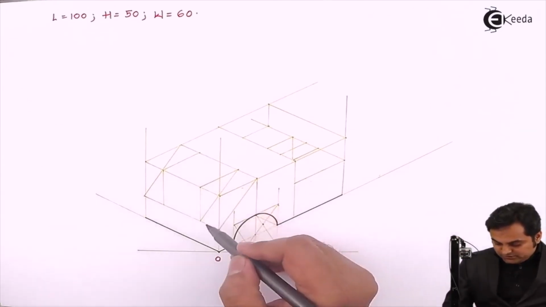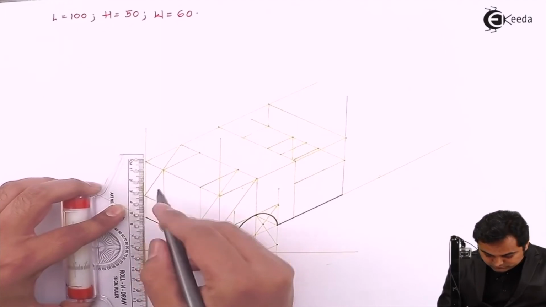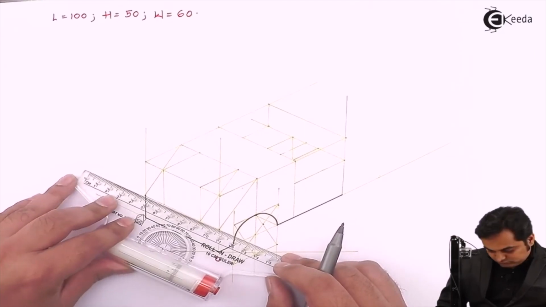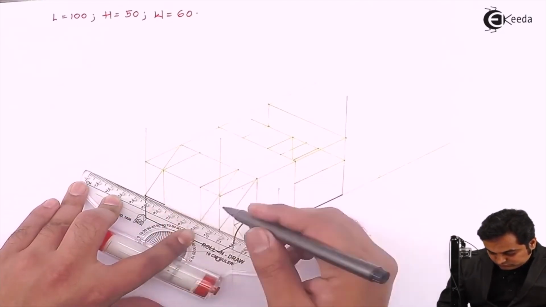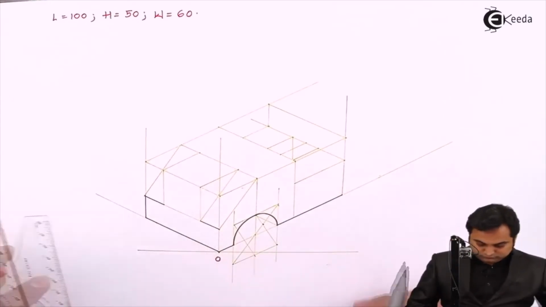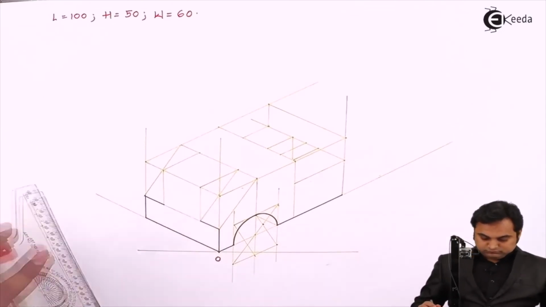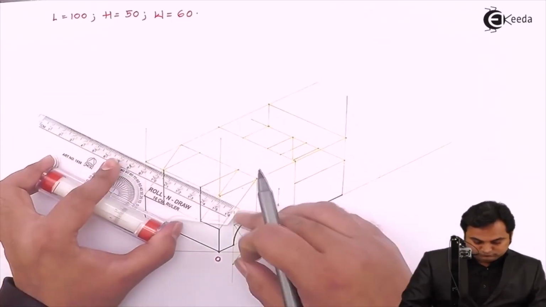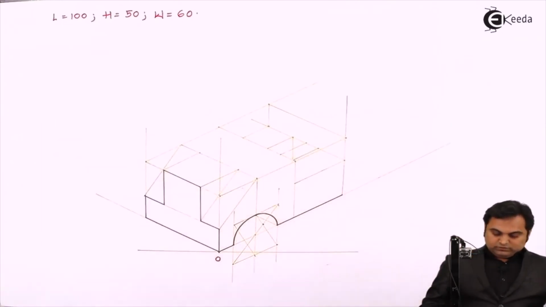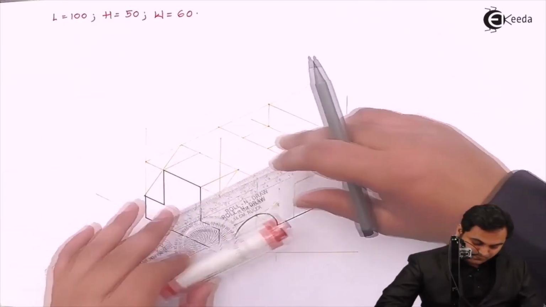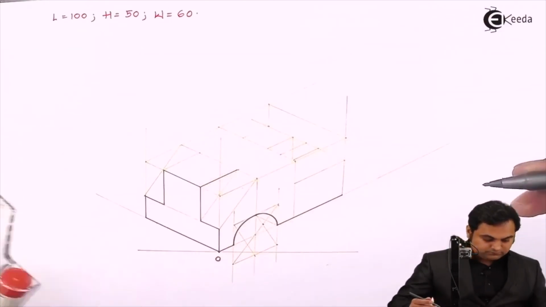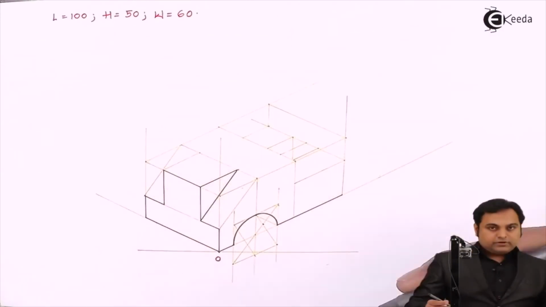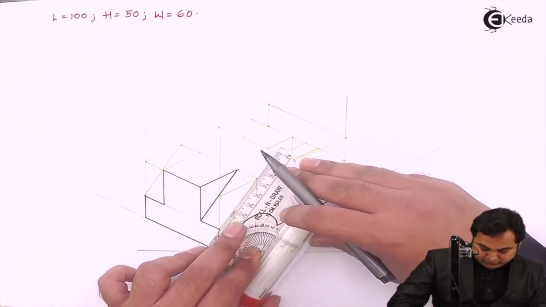Next, here this parallel surface. Again a dark line. So this surface is seen. Then drawing this surface parallel, and even from here.